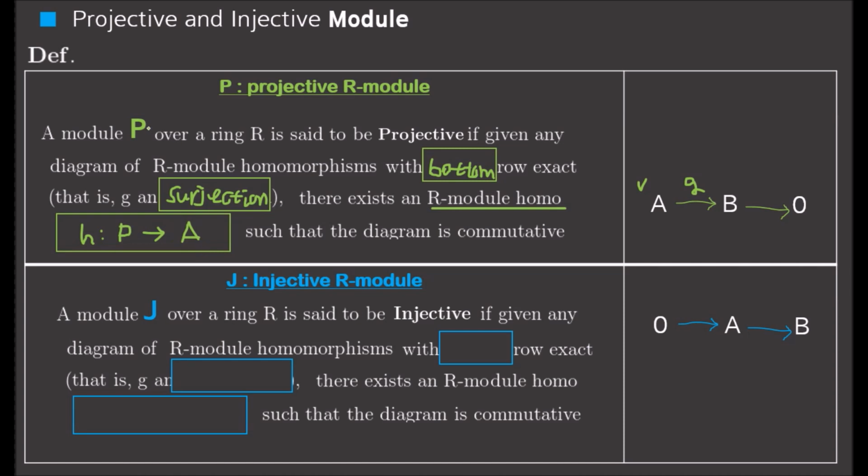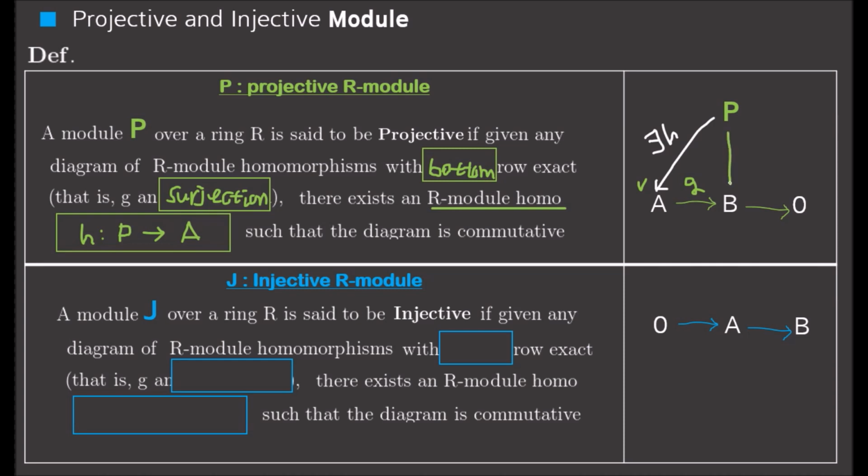What does this mean? If you draw the commutative diagram, P is here, and this map exists such that the diagram is commutative. We can't go directly from P to B, because the map is composed.